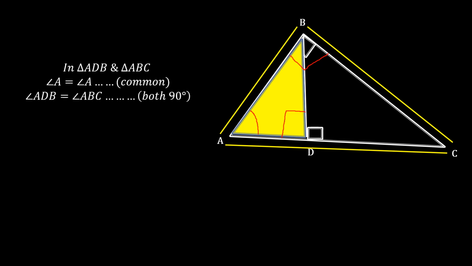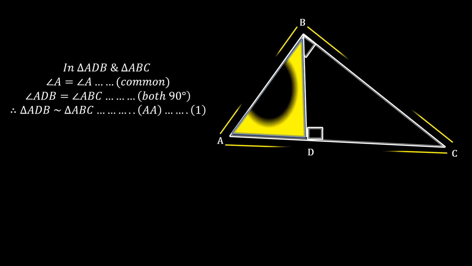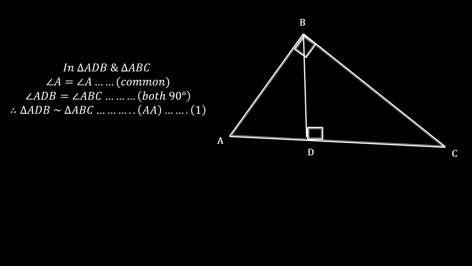Therefore angles ADB and ABC are both 90°, equal. Now these two triangles having two corresponding angles equal means they will be similar by angle similarity. ADB, ABC both are similar by angle similarity. Let this be our equation number 1.